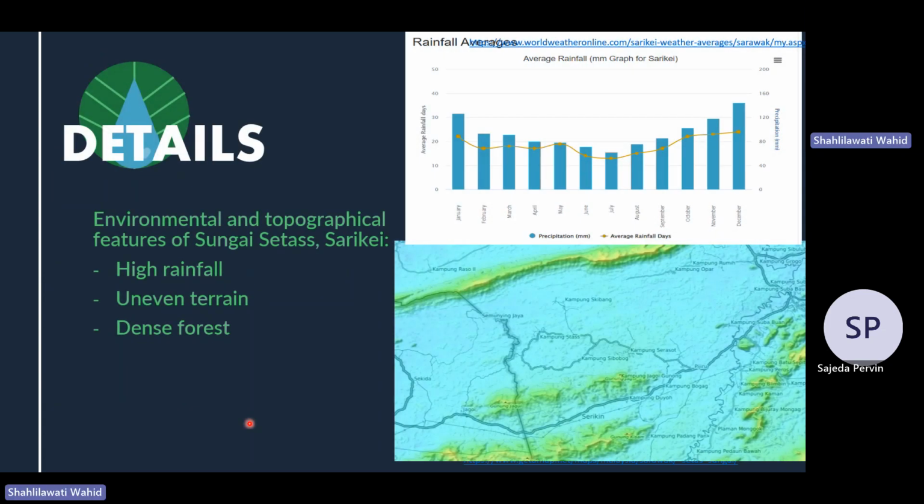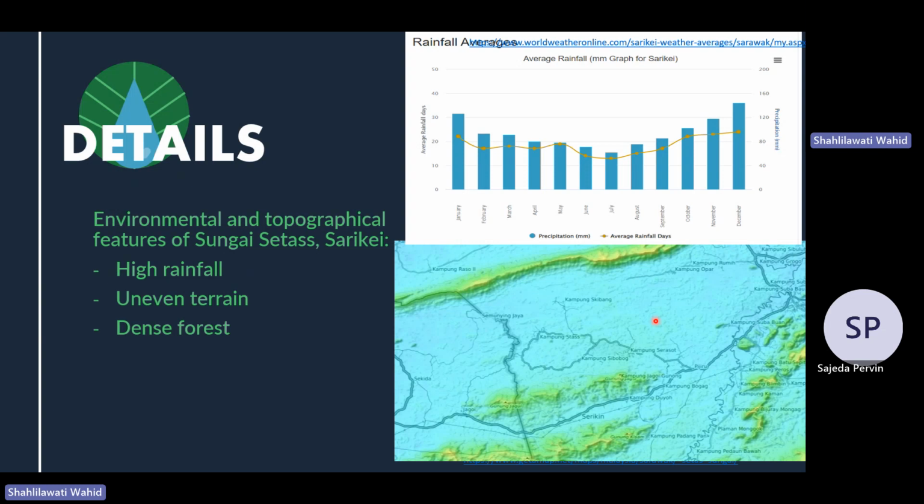This slide shows the weather and the nature of the landscape of Sungai Setas. This graph is the weather forecast at Sungai Setas, and it shows that it has high average rainfall in that area, at around 80 millimeters of precipitation every day. The picture below is the topography of the surrounding area.